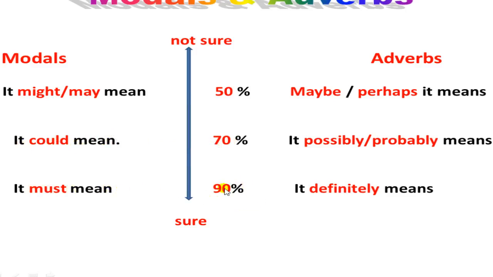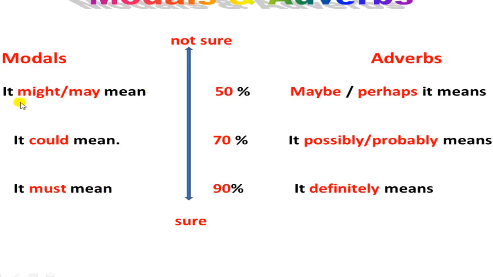So here I am sure. So we have the subject it, may, might, could, must, then the main verb, infinitive. We start from 50% to more than 90%, from not sure to be sure.